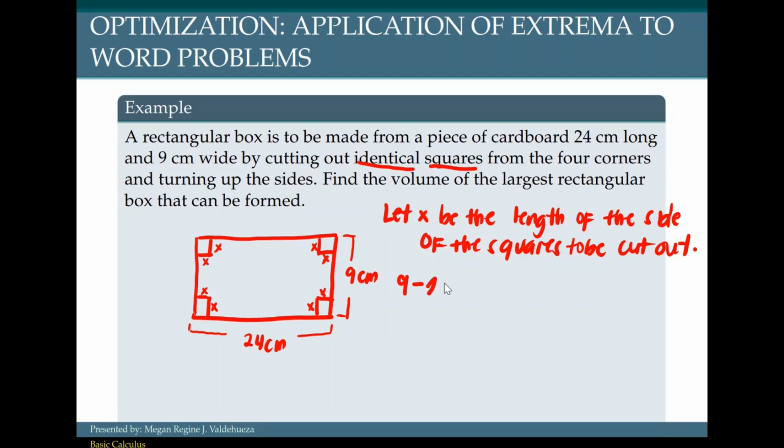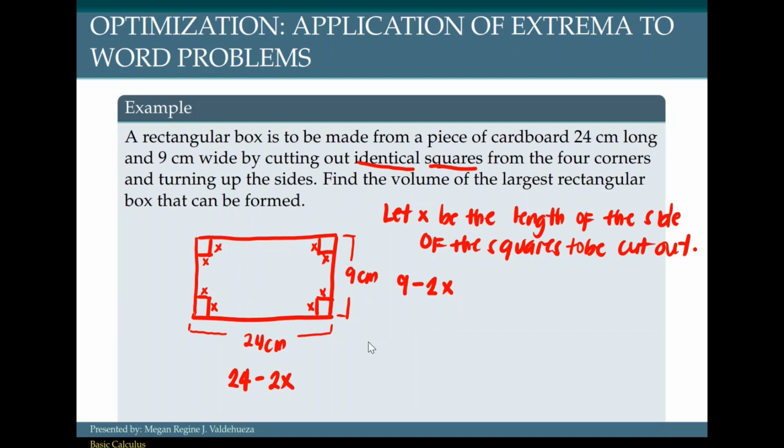So minus 2x, right? So from here, another 2x. So we have 24 minus 2x, right? So the length and the width are given below. So the length of the box is 24 minus 2x, and the width is 9 minus 2x.